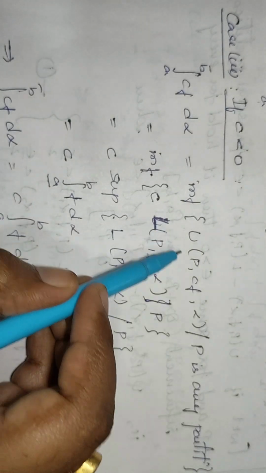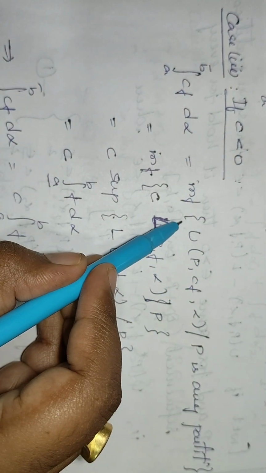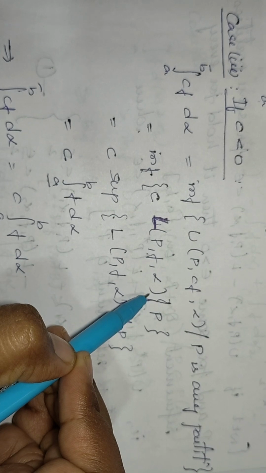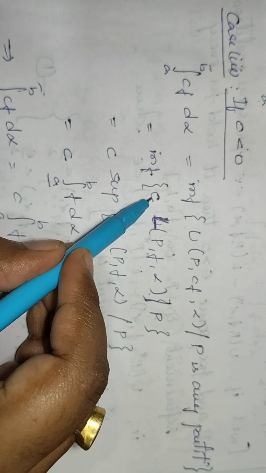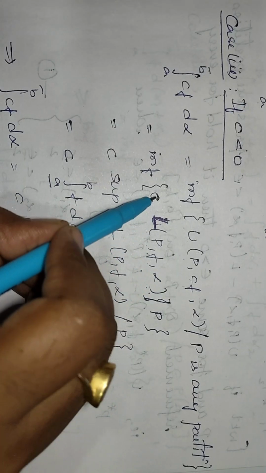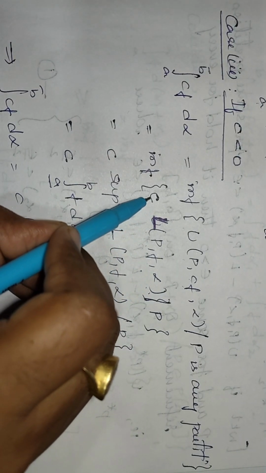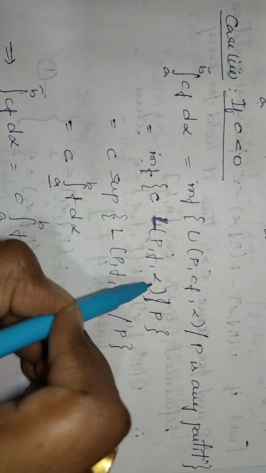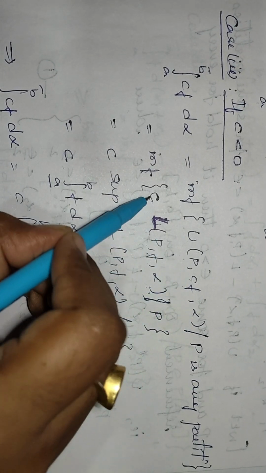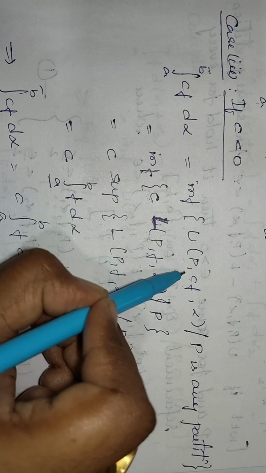Okay, and now if I take the c outside, I will get L(P, f, alpha). Why? Because now the c is negative. So if you multiply this c with this L(P, f, alpha), you will get this.